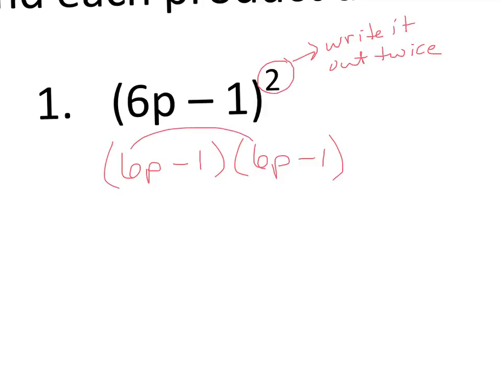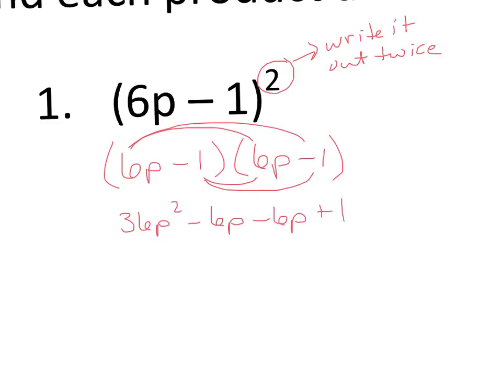So I'm going to go ahead and take 36p squared minus 6p minus 6p, and then a plus 1. So I get 36p squared minus 12p plus 1. Okay, and this is going to be my answer.